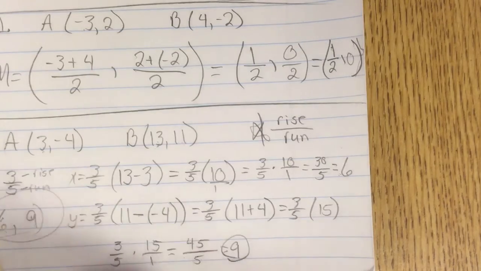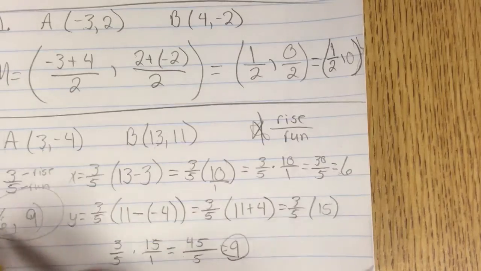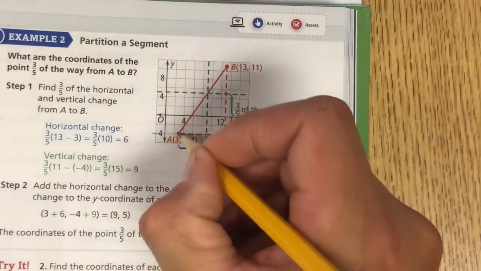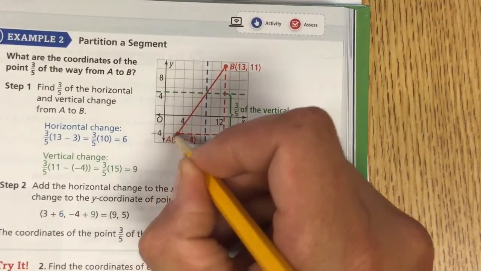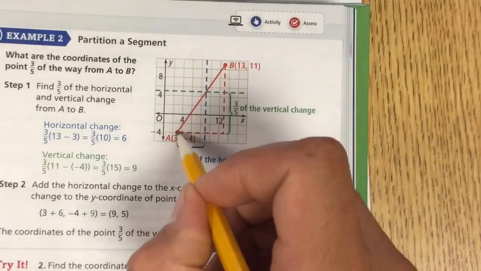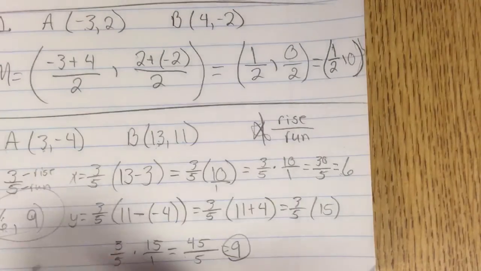So this is the way I would like to do this kind of at the end. I have to add these up because I'm going to take them from A. Let me show you right here. I'm going to take them from A and go 3/5 of the way. Because I'm going from here to 3/5, I'm adding them up. So this is what I do.